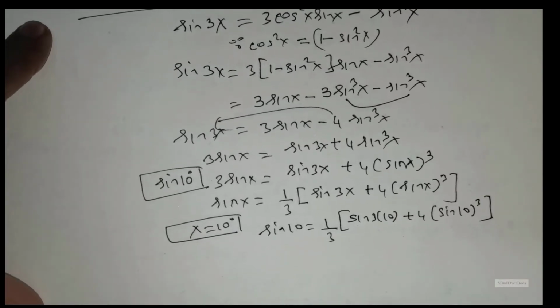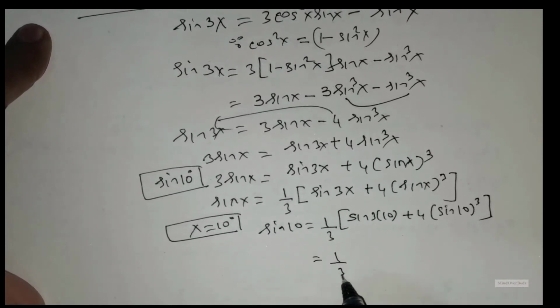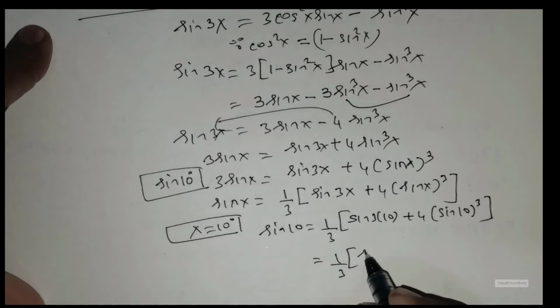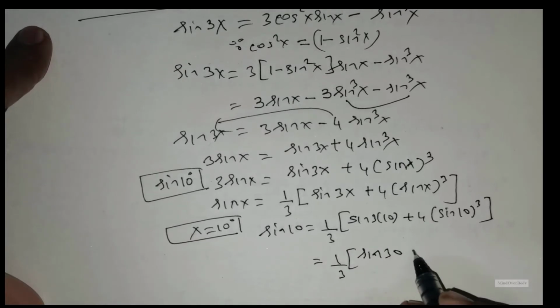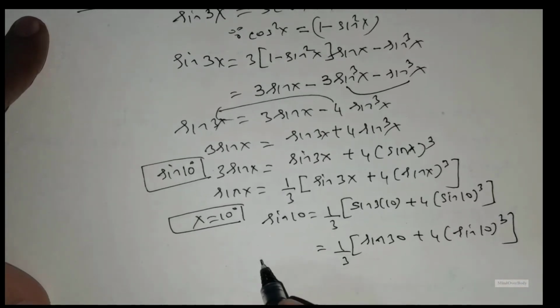Okay, now this is actually equal to 1 over 3 times sin 30, positive 4 times sin 10 whole power 3, is equal to sin 10.